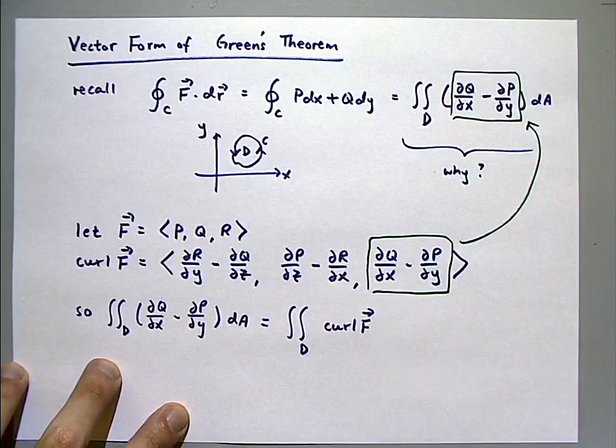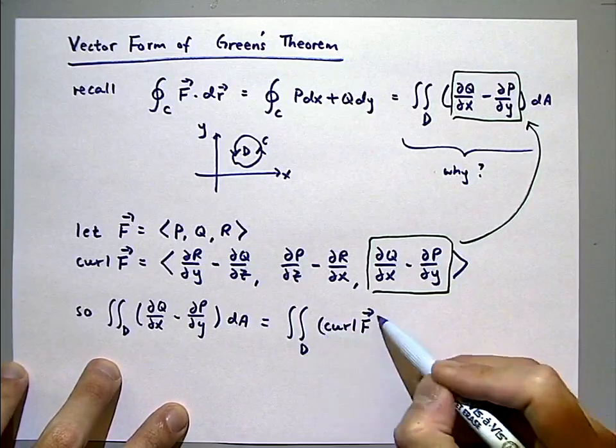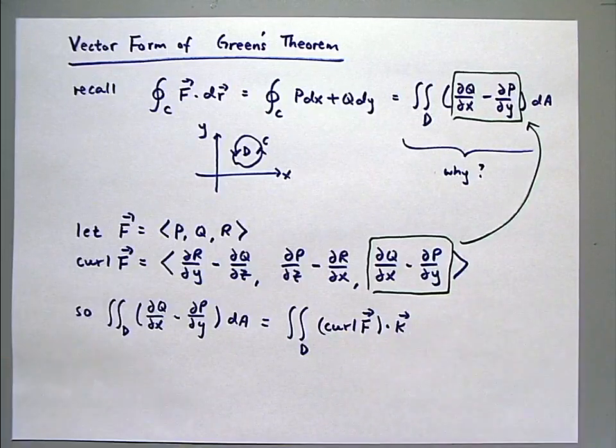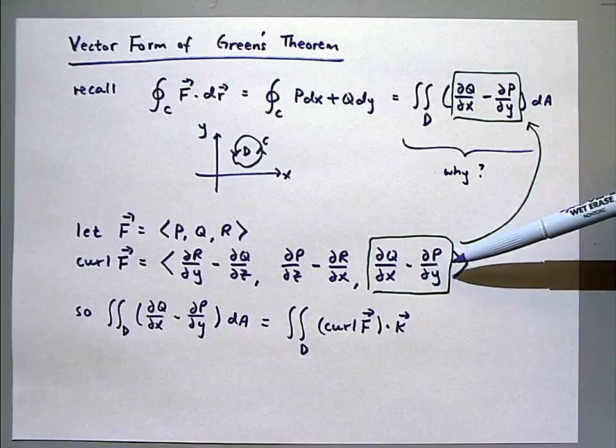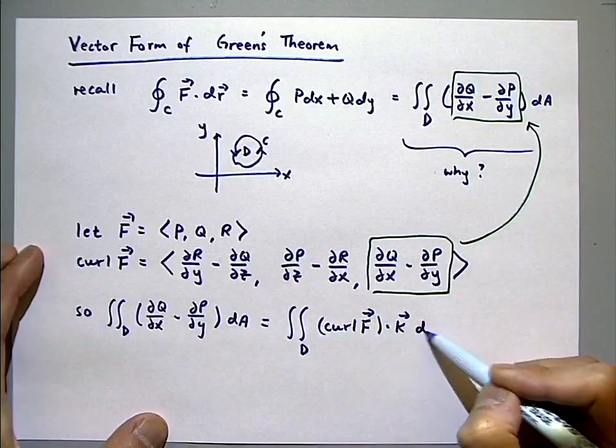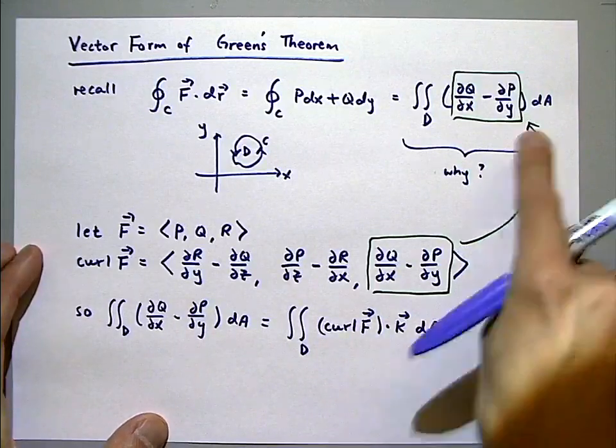And if you only want the K component, you just dot it with a K vector, right? If you dot it with 0, 0, 1, then the first two will go away, and the only thing you get left is the last component. So you take curl, which is this expression, dot it with K, and that gives you what we integrated over.